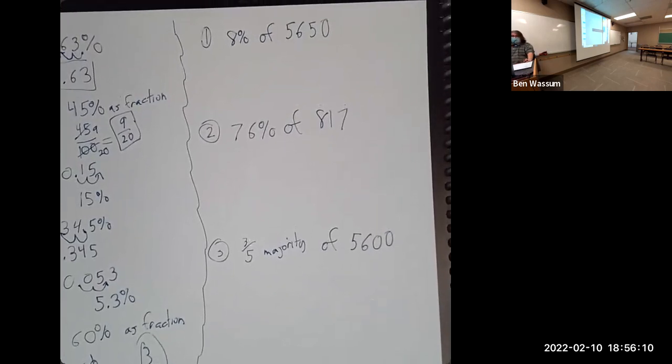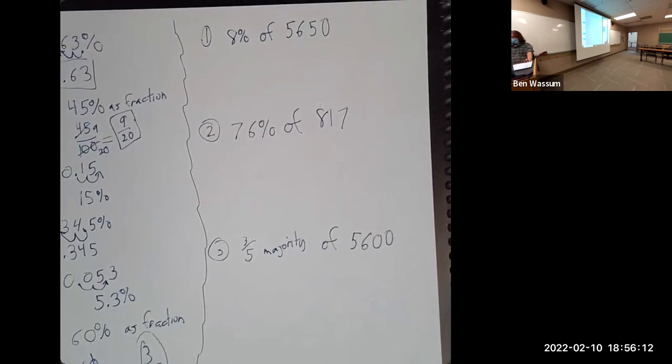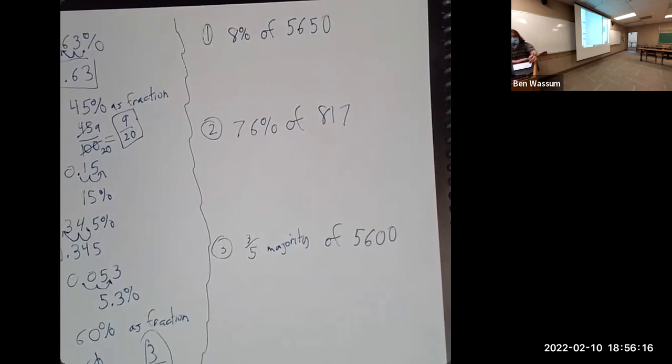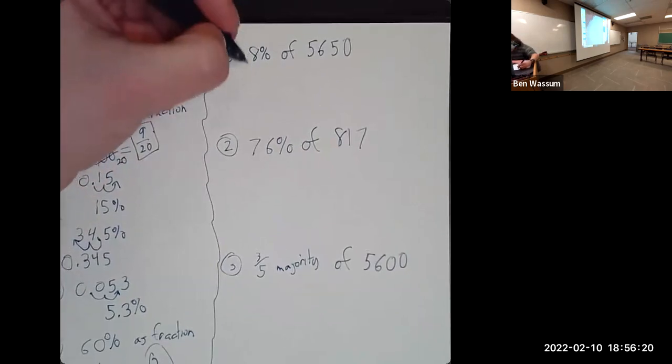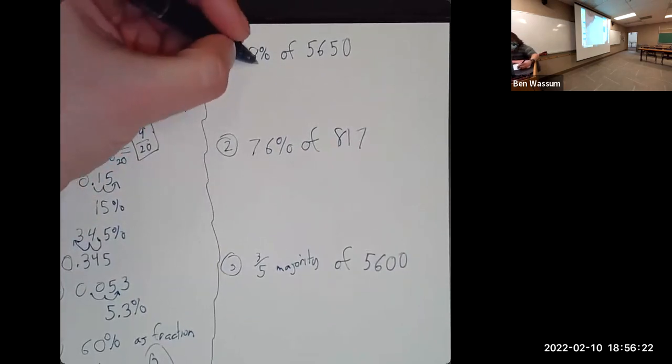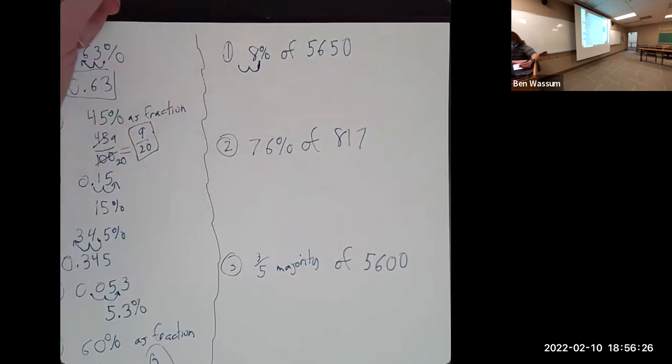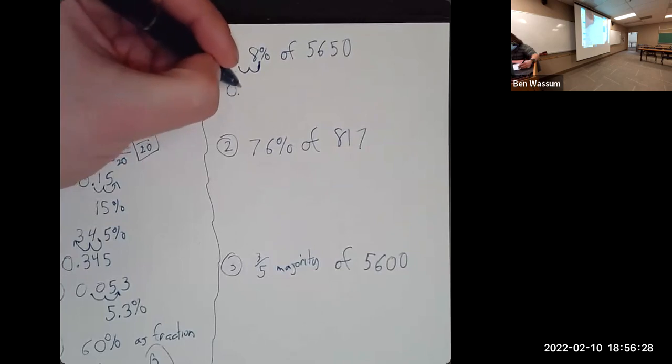So 8% of 5,650. It's actually not too bad, because we're just going to take that 8% and convert it to a decimal. So that decimal is going to move over twice. We end up with 0.08.